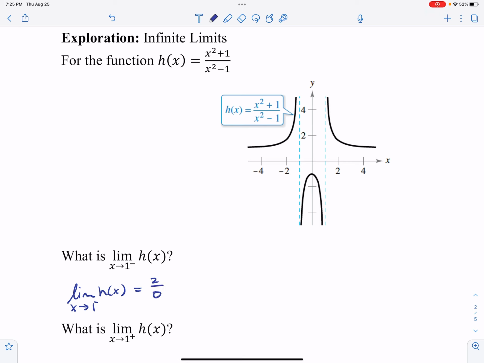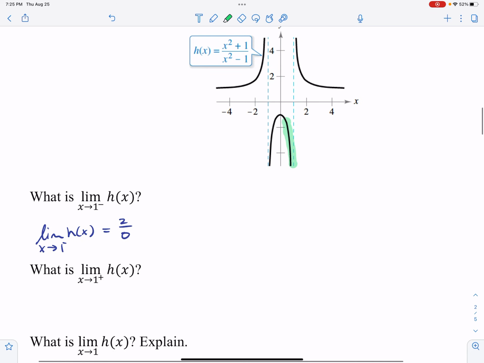And we've talked about this, that whenever we try direct substitution and we get a non-zero constant over 0, that indicates that there's a vertical asymptote. Now, since this is a one-sided limit, we know there's a vertical asymptote, but we want to know whether the function is either increasing without bound or decreasing without bound. Reading this graph, it looks like that as x approaches 1 from the left, the function is actually decreasing without bound.